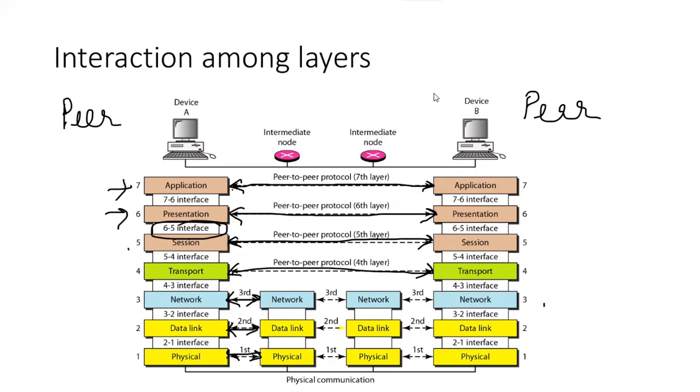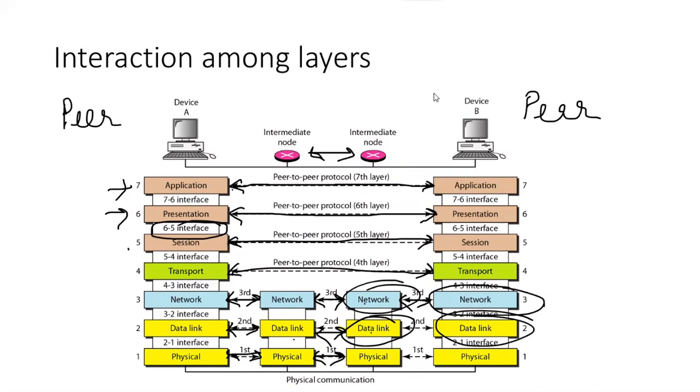Similarly here, between the two intermediate devices, the peers are the network layer and the network layer of intermediate node 2, data link layer and data link layer, physical and physical. And again at this point the peers are this and this, these two are peers.